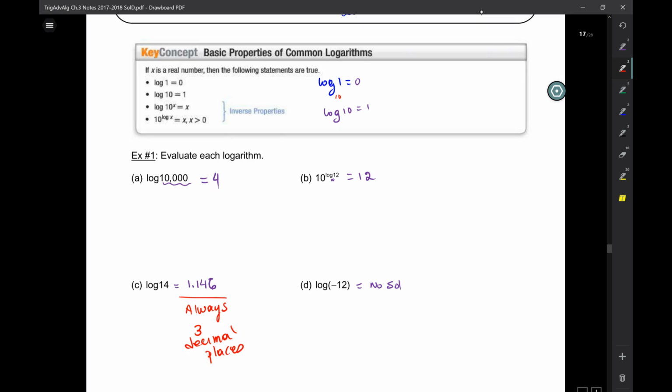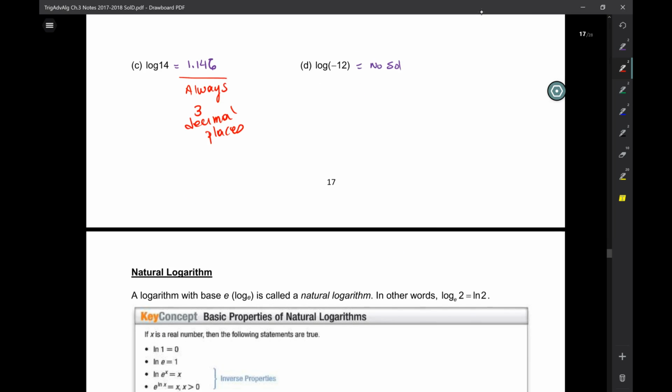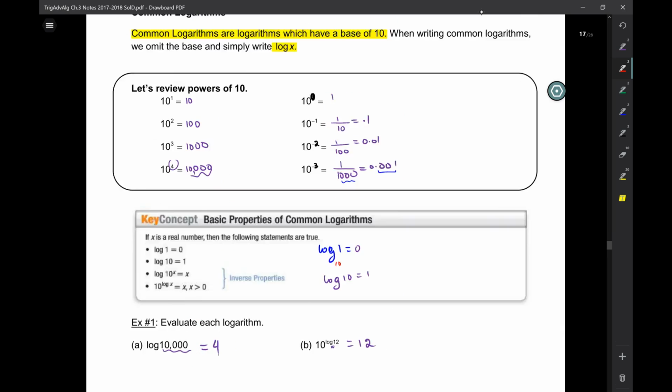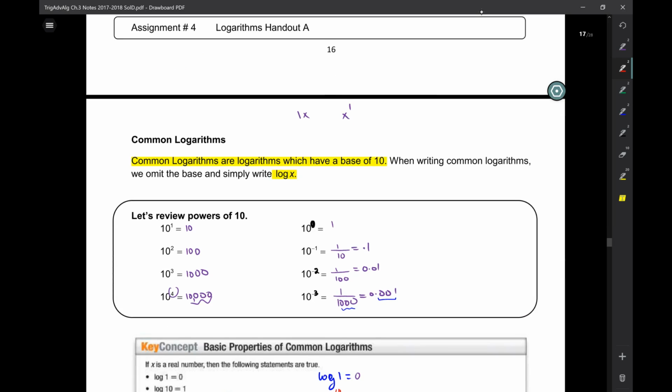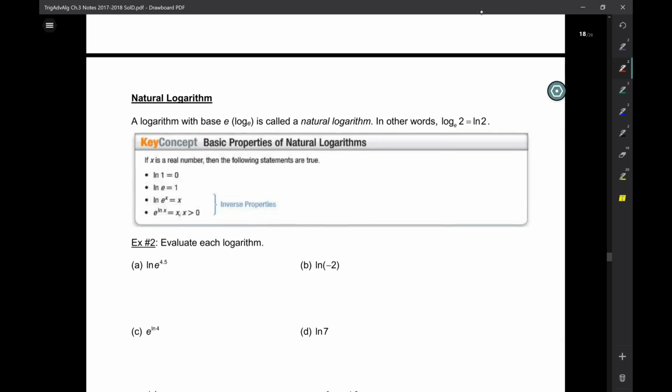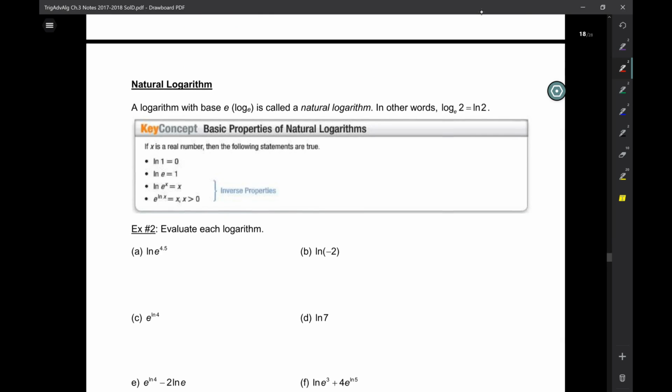All right. So your quiz will have 2 parts. Some that you must use a calculator for, like this one. Some that you should be able to do without a calculator, like all the ones you just did on that handout.